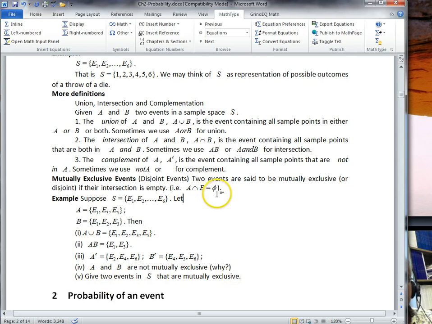You don't say 0. 0 is an element, but phi means empty. Now give 2 events in S that are mutually exclusive. So let me give you one, the odds and the evens. If I take another event C, which is all the evens, and A, there would be nothing in common, and these would be mutually exclusive events. All right, let's move on.